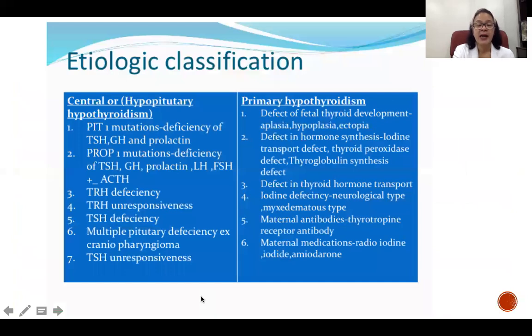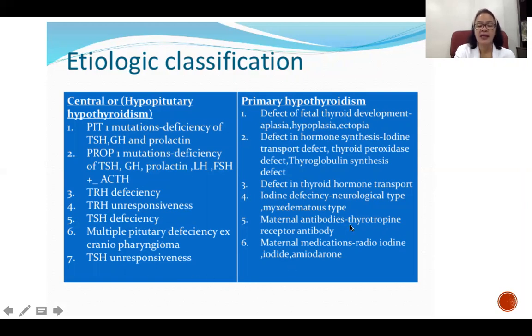Okay. With regards to etiologic classification, as I said earlier, we have both the central and the primary. So with central, these are the causes of your central hypothyroidism. It could be mutations in the pituitary affecting the TSH, and so on.